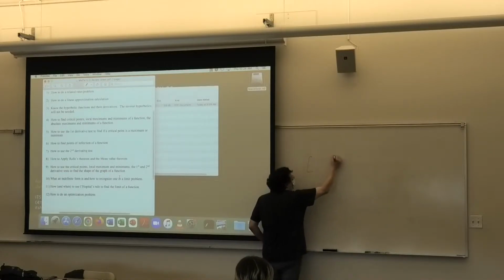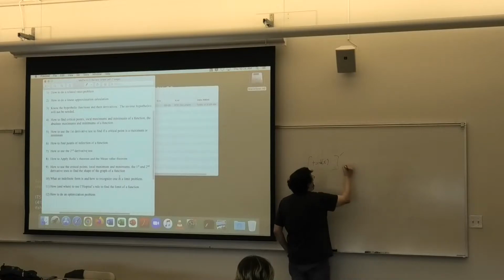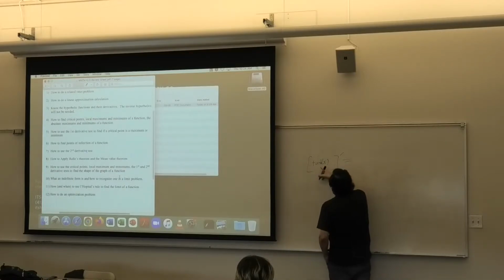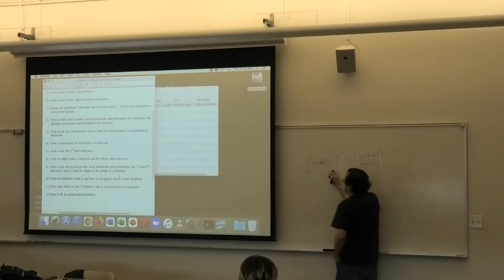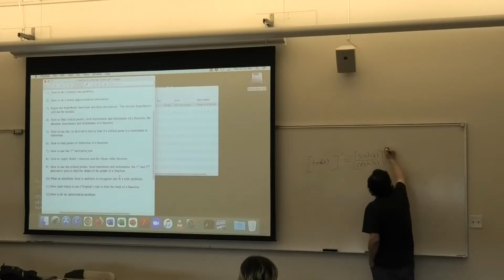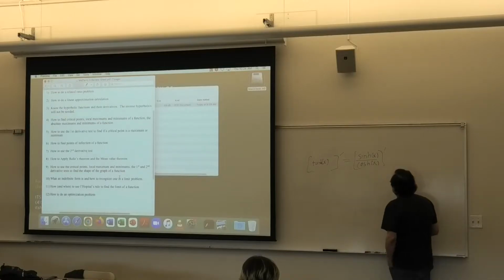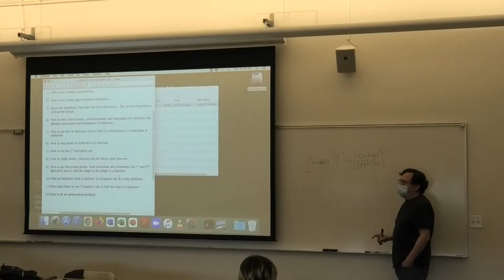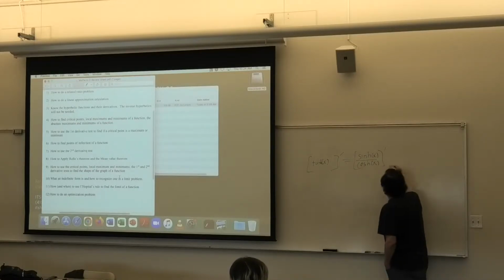What is the derivative of the hyperbolic tangent of x? Well, the hyperbolic tangent is the hyperbolic sine of x over the hyperbolic cosine of x. You might actually just happen to remember what it is, and that would be okay. But here we have to use the what rule? Quotient rule. We haven't forgotten that.